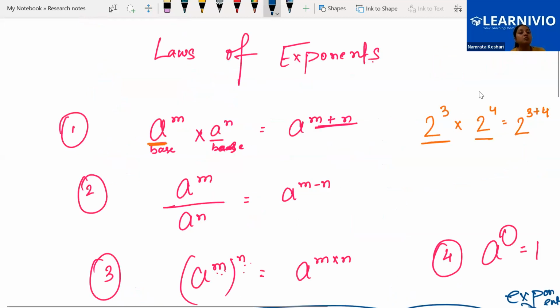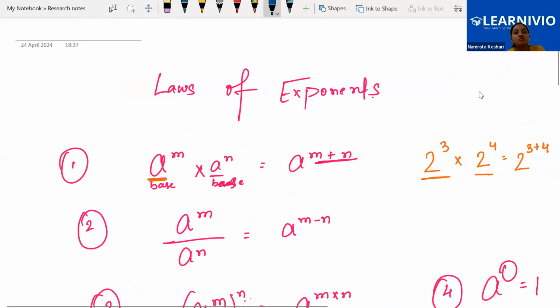And what was the first rule? In the first rule, base was same and both the terms were in multiplication. So be careful, when the bases are same and the terms are in multiplication with each other, then we have to add the exponent. Now the exponent can be same, can be different, doesn't matter.